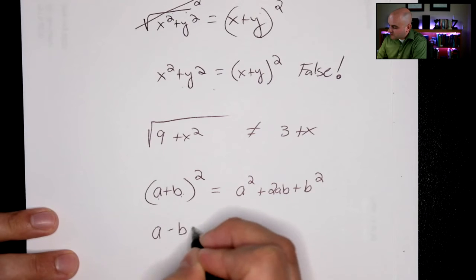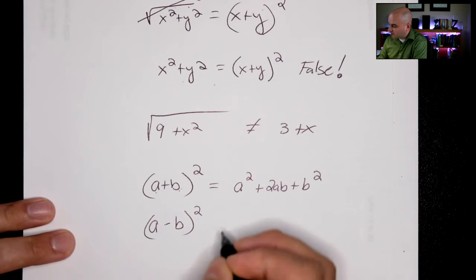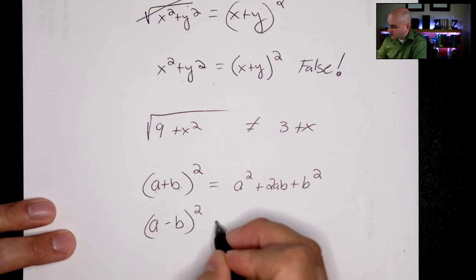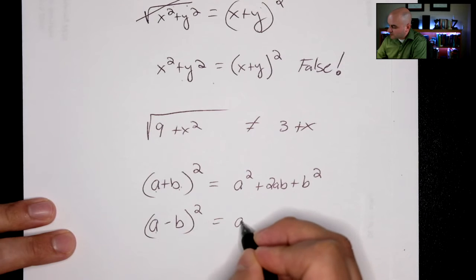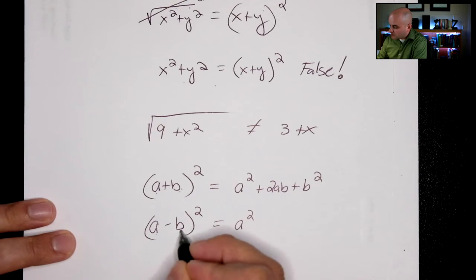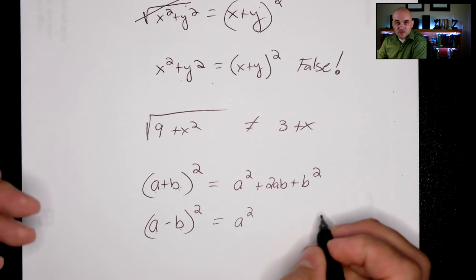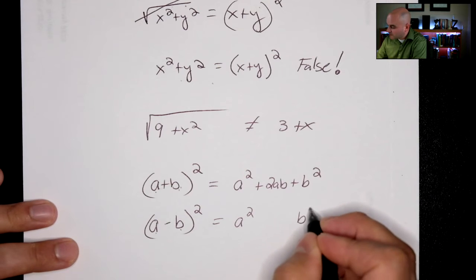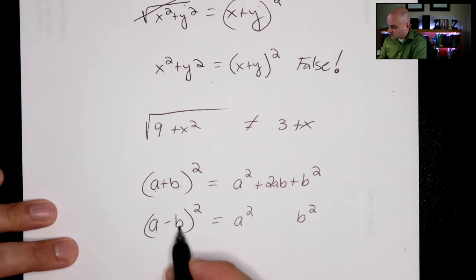You can also do this with a minus b squared. We call these binomials squared. Square the first term, you get a squared. Square the last term, well, negative b squared is going to be just b squared. Take the product of the two. Now treat this like a negative b.